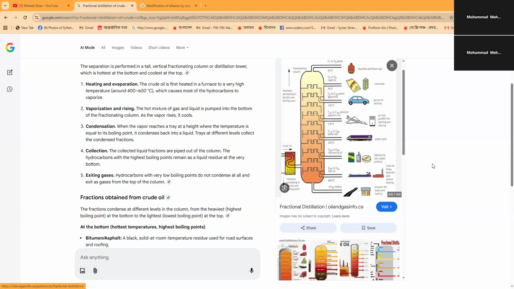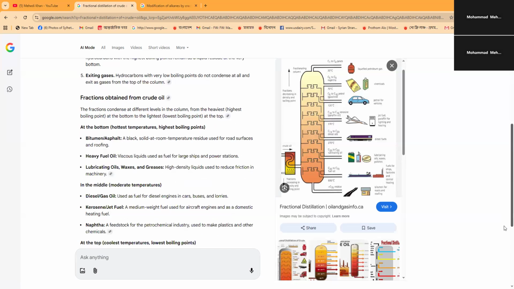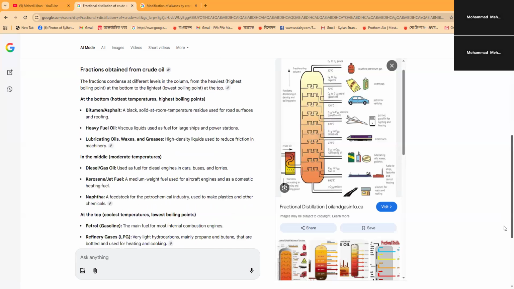The fractions obtained from the crude oil: at the bottom, the hottest part, you can see this is bitumen, a black solid at room temperature, a residue used for road surfaces and roofing. If you go on the road, you can see the black material used to prepare the road.